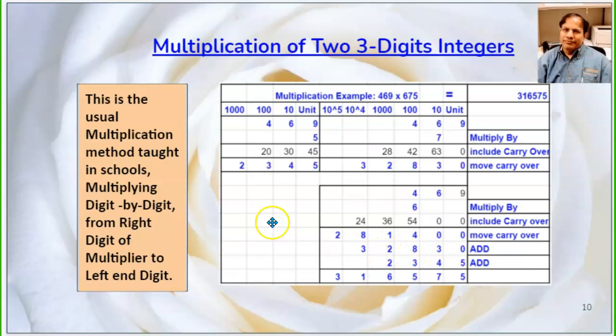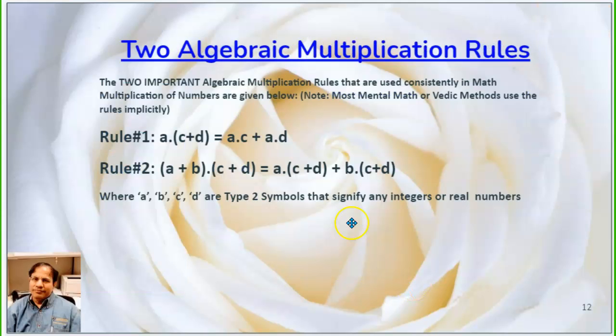Now if we add up the 3 individual multiplications, we end up with 316,575.